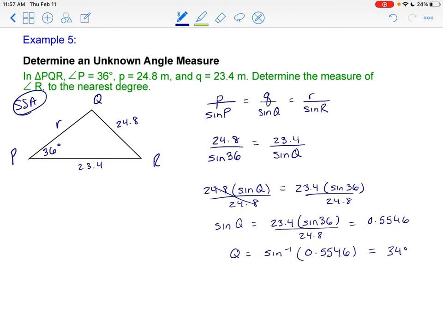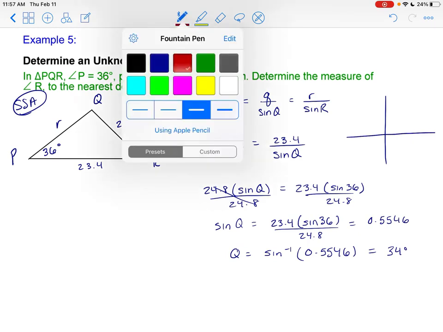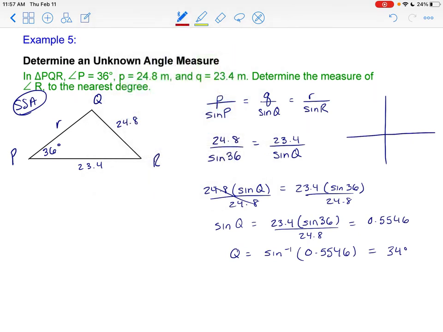But since sine is positive in both quadrant 1 and quadrant 2, let me just draw a little diagram to illustrate this. So we have potentially a 34 degree angle here. That's what we just found for Q. Well, there's also a reference angle that would have the same value over here, right? So the sine of this angle Q would still be equal to this number.